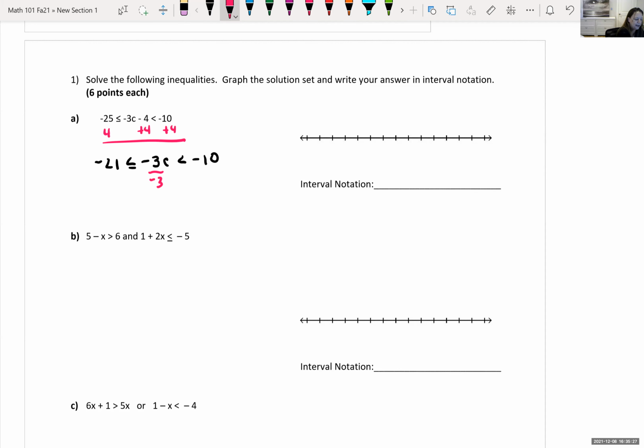We're going to divide by negative 3, but we're dividing by a negative. And so if we divide by a negative, our inequality signs flip. So negative 21 divided by negative 3 is positive 7, is greater than or equal to c, which is greater than 10/3. I personally like to look at this the other way: 10/3 is less than c is less than or equal to 7.